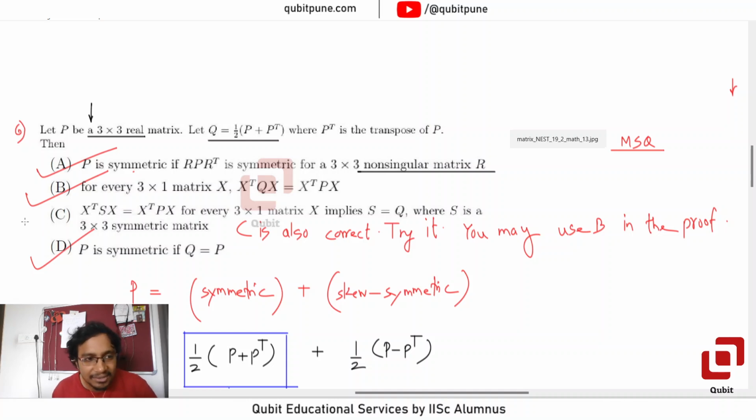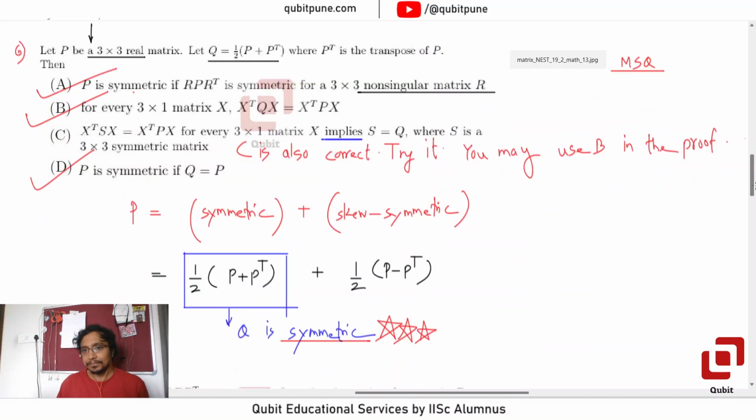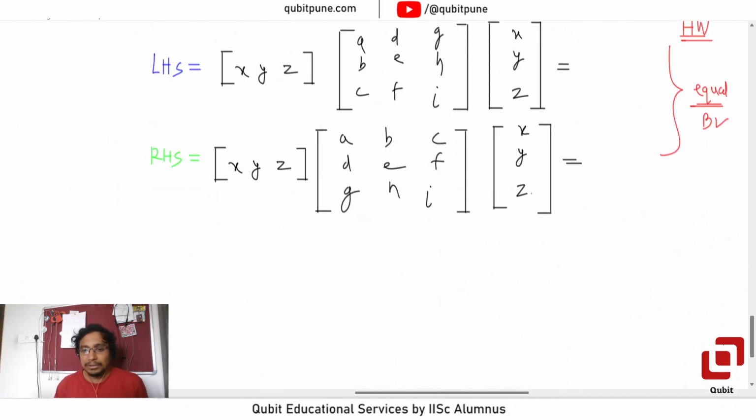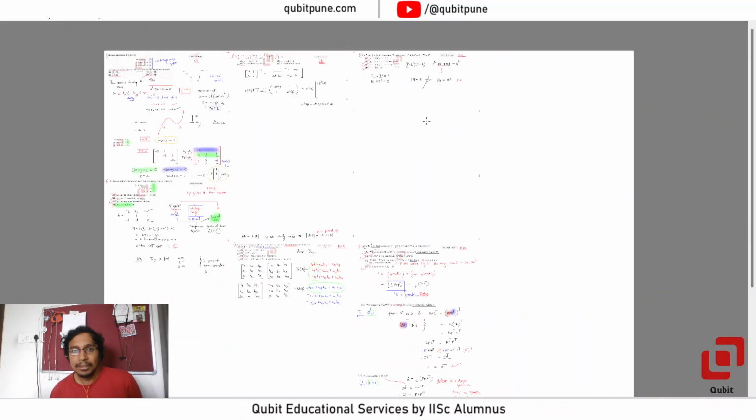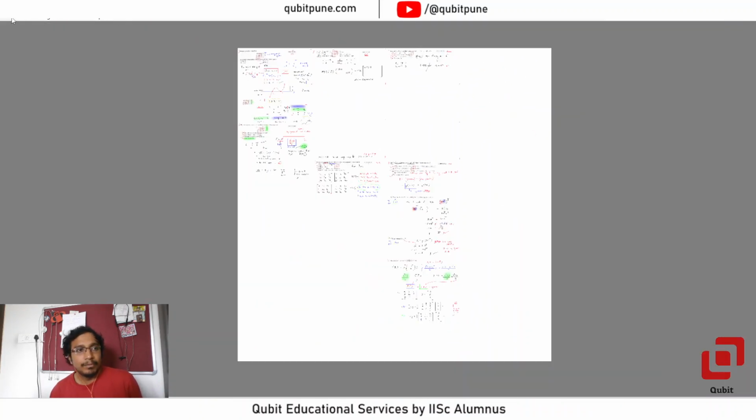C will come, check it; if it doesn't, I will tell you what C is. X transposed SX is equal to X transposed PX for every 3/1 matrix X. If this is true, then this implies that S must be equal to Q, where S is the 3/3 symmetric matrix. Please try that, otherwise I will help you in doing that. Okay, cool. So that's it from matrices, for matrices from my side, and now we'll go to some probability questions.